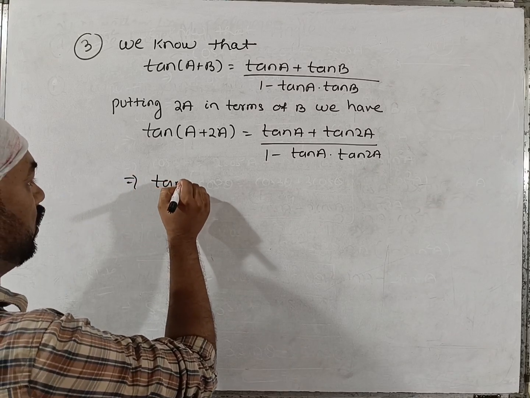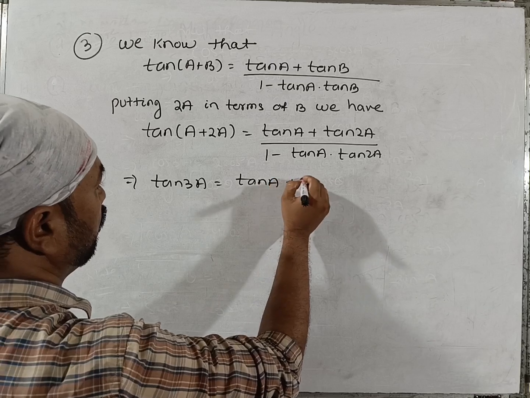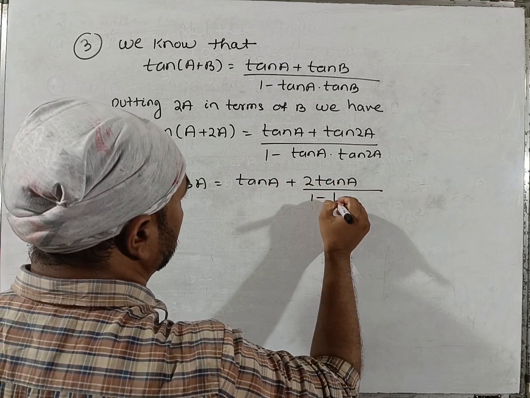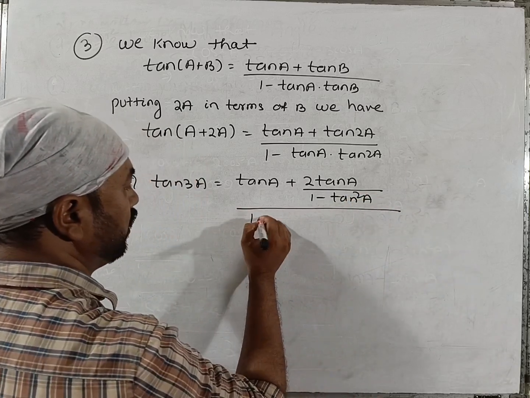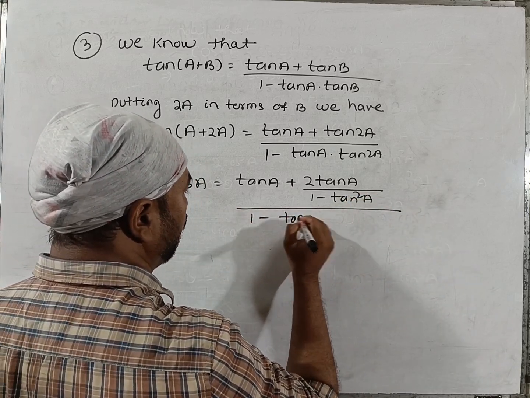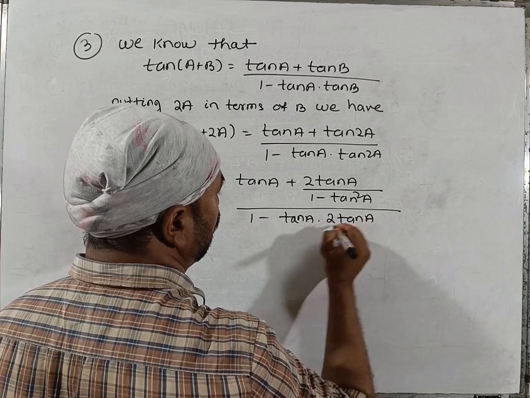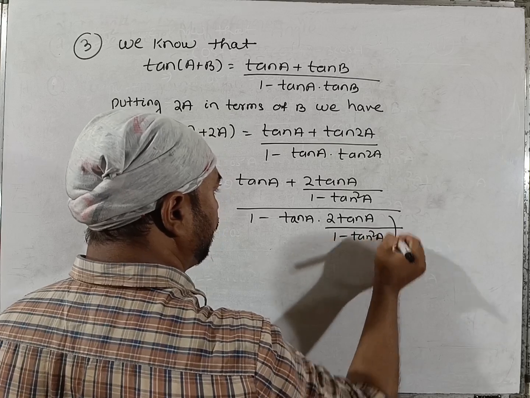Then it will be tan 3A, tan A plus 2 tan A divided by 1 minus tan square A, whole divided by 1 minus tan A multiplied with 2 tan A divided by 1 minus tan square A.